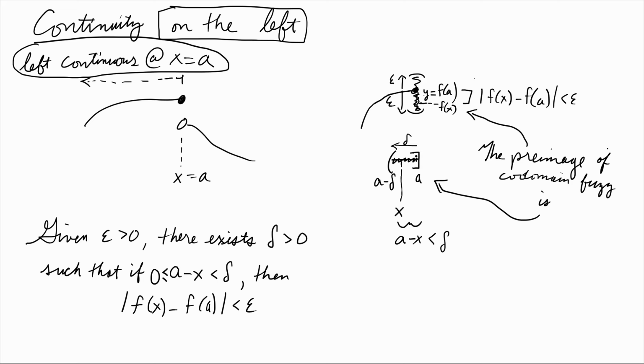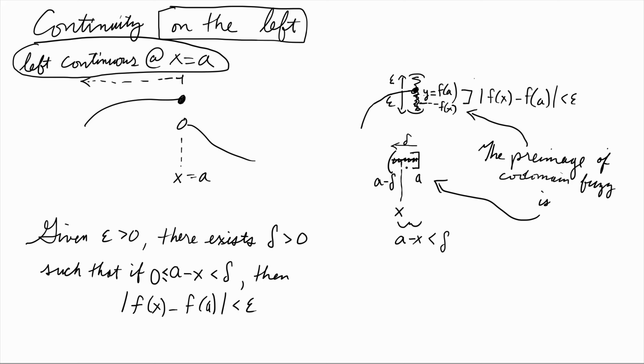And we would like there to exist some fuzziness to the left side that'll completely map into a given codomain fuzz. So given a codomain fuzz, is there some left domain fuzz that'll map into it? So the images of every single point here and here will actually land inside of this codomain fuzz somewhere. That's the idea.